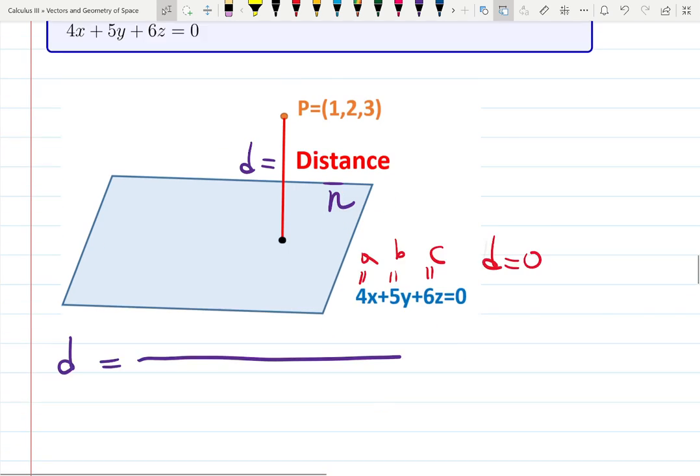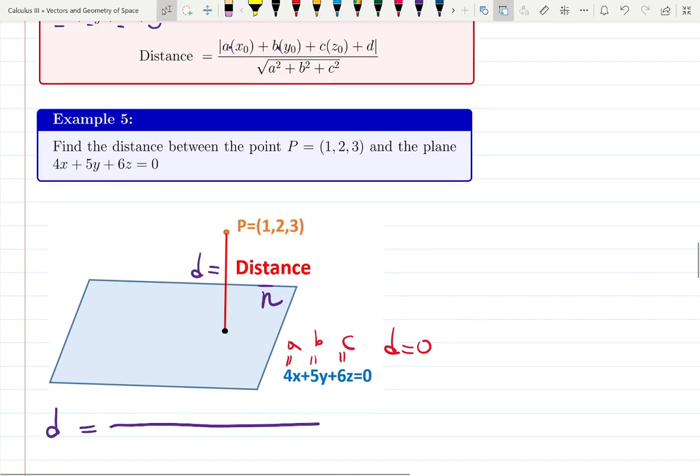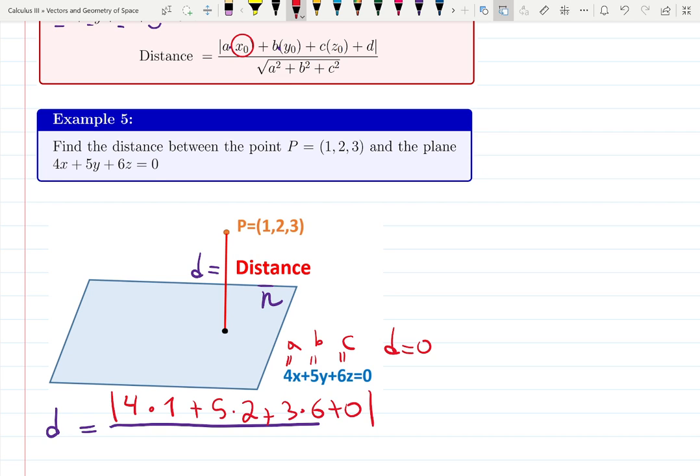Okay, so who wants to tell me what, based on this formula, it is going to be? Just read it out loud. The top half is going to be 4 times 1, which is 4, plus 5 times 2, plus 3 times 6, plus 0, in absolute values, because we don't care about the sign, remember, it's a distance.